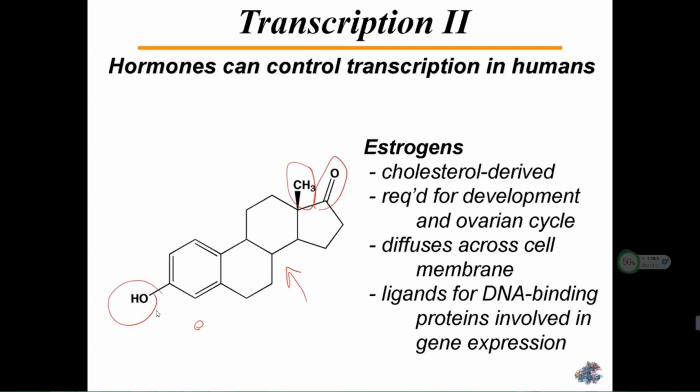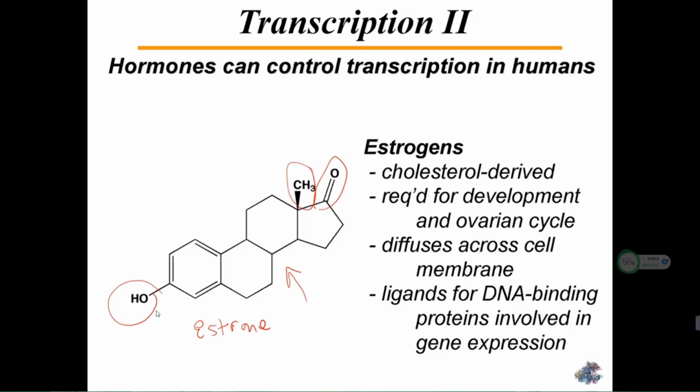Again, part of the estrogen family, we know that it's required for development in the ovarian cycle. Because of these hydrophobic rings being cholesterol derived, it diffuses readily across cellular membranes. It's also a ligand for DNA binding proteins that are involved in gene expression.